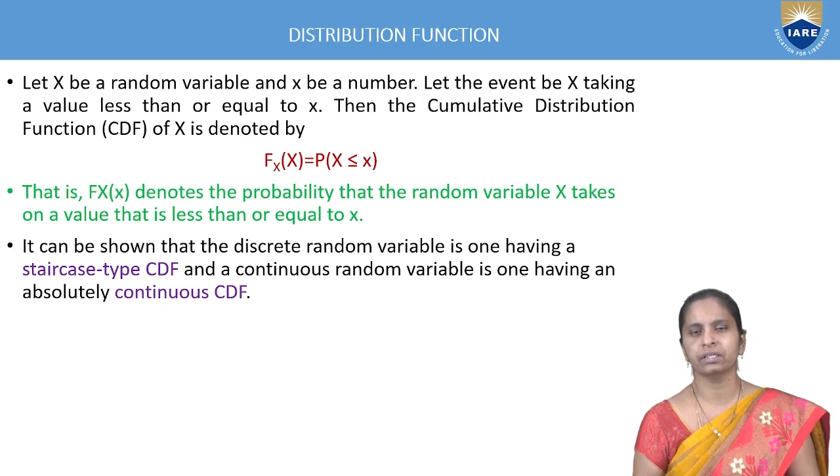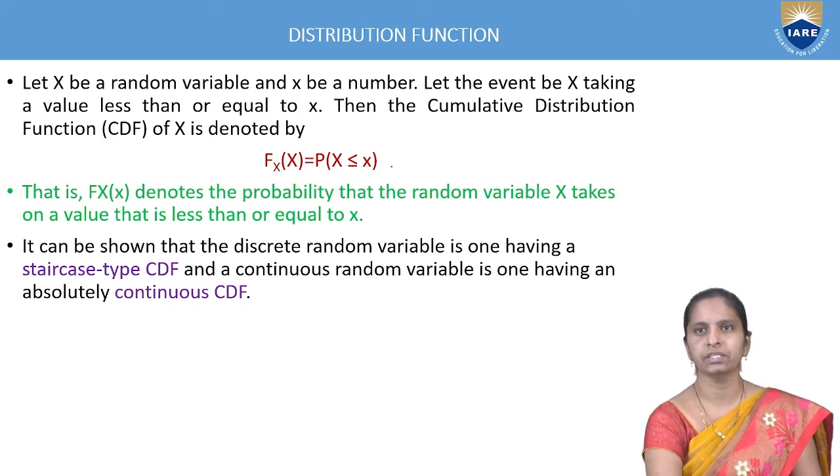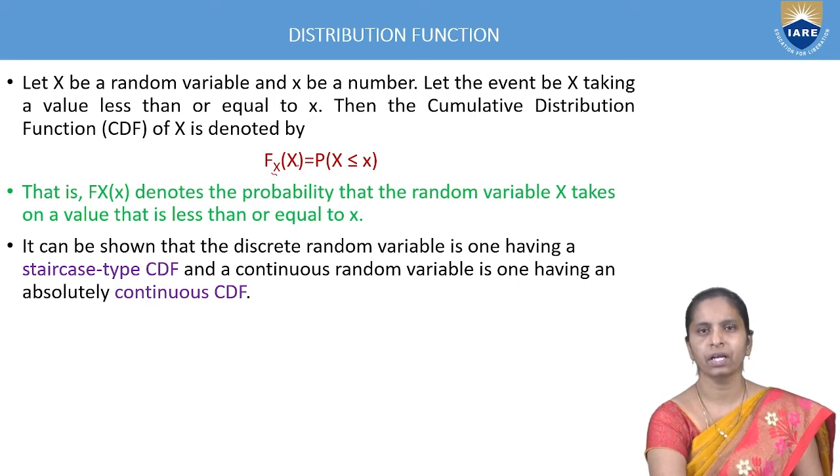The probability distribution function is defined as the probability of the event. What is the event here? X is less than or equal to x. That is called the probability distribution function. It is denoted by the capital letter F, the distribution function of the random variable X. Therefore, here I am writing the random variable X and here small x.